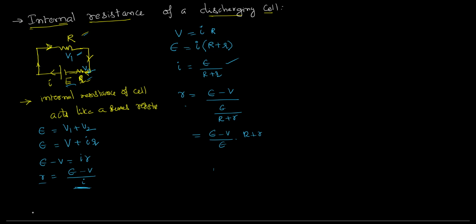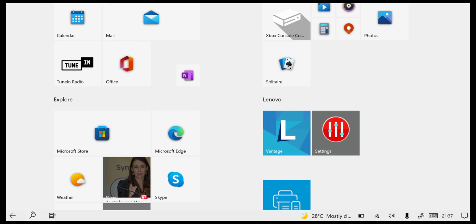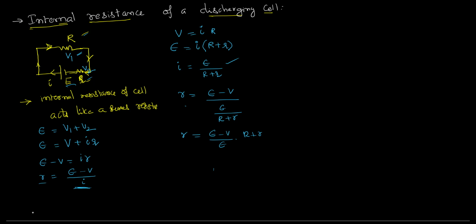How I will rearrange the terms is, I will take the capital R plus small r to the right-hand side, and I'll take this entire term to the other side. It will become E by E minus V. I have just rearranged the terms. So if I simplify this further, E by E minus V will be capital R plus small r by small r.